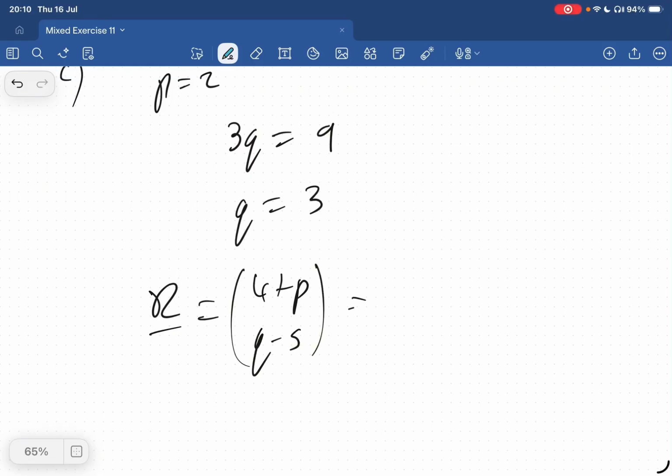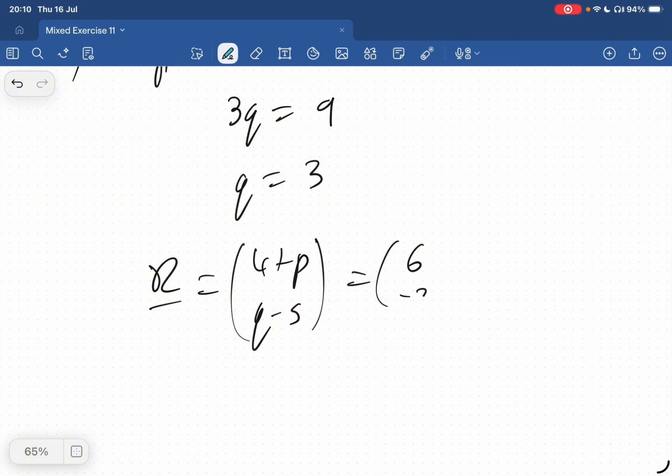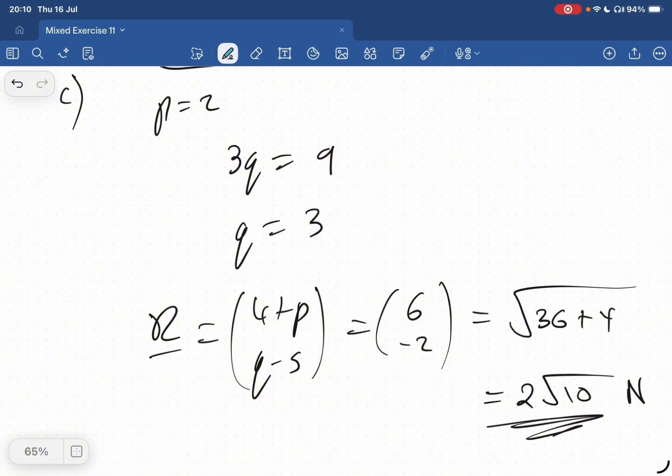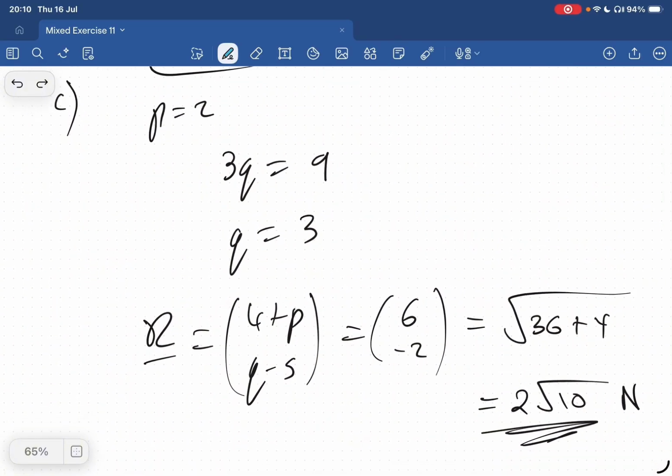Now 4 plus 2 is 6, then we've got q, so -2. So this is going to be the square root of 36 plus 4. And in this chapter, if you get 2 root 10, about 3 out of 14 answers have been that, so I think you'd be correct.